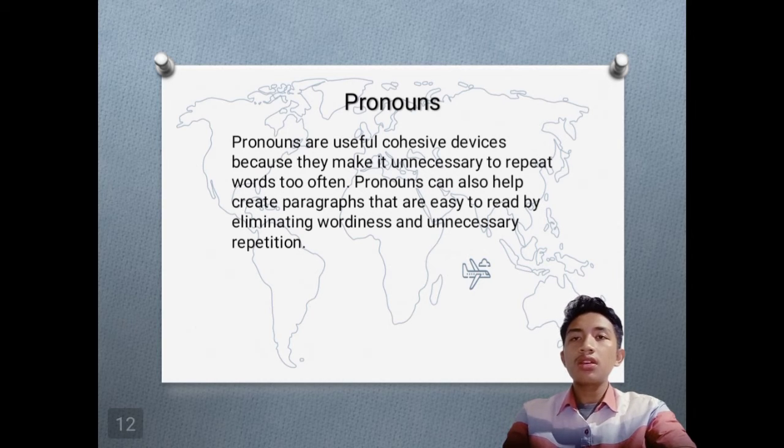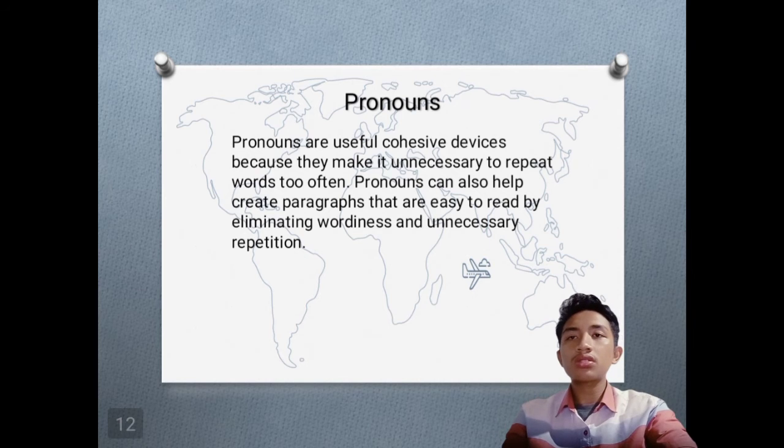For example, Mr. Thompson agreed to meet with members of the workers' union before he signed the contract. He was interested in hearing their concern about the new insurance plan.